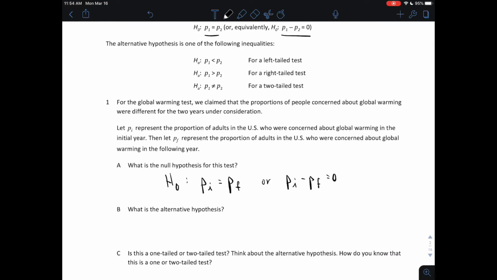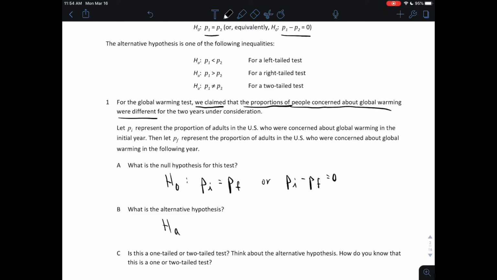Part B, what is the alternative hypothesis? Here we should look back at the claim. Under number 1, it says we claimed, and then what's written right after that? The proportions of people concerned about global warming were different. If two things are different, it means that they are not equal to each other.